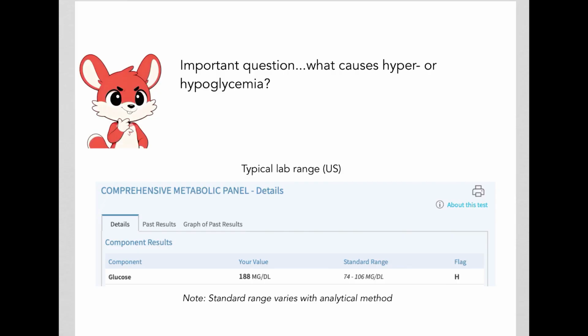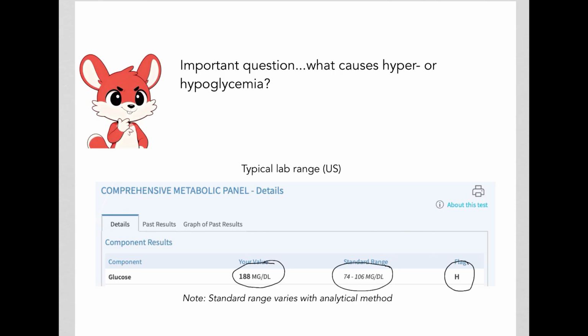After the clinician gets the blood glucose concentration of the patient, if the result is not within the standard range, then the most important question in the clinician's mind is, why is the glucose either higher than the standard range or lower than the standard range?